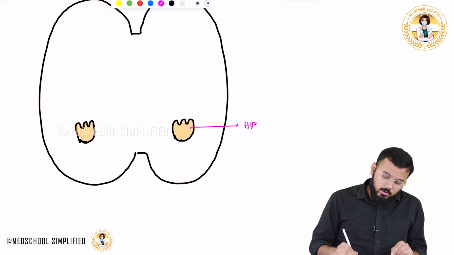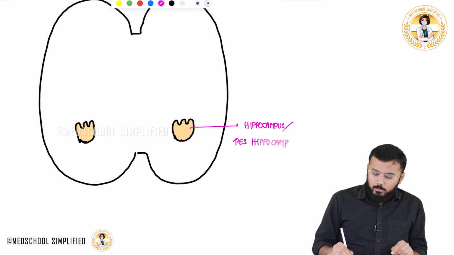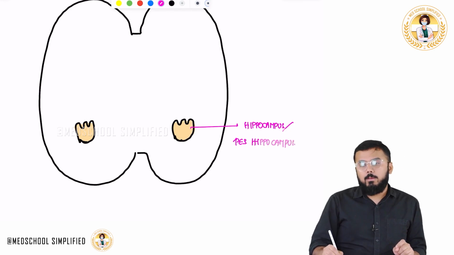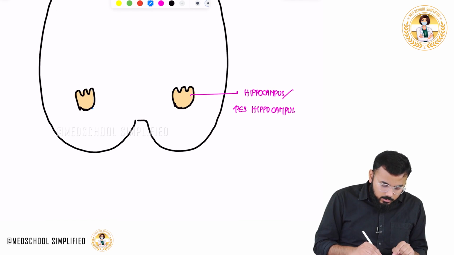So this is called hippocampus, or pes hippocampus. Now just beneath this hippocampus, you see a bundle of nerve fibers that are running up like this, right?